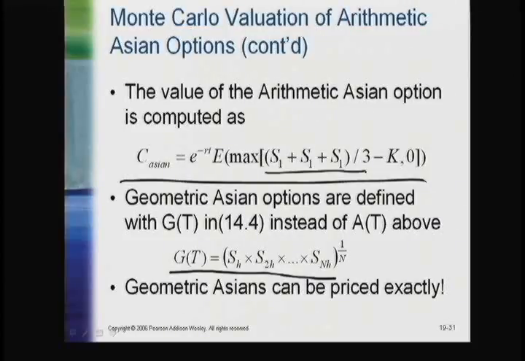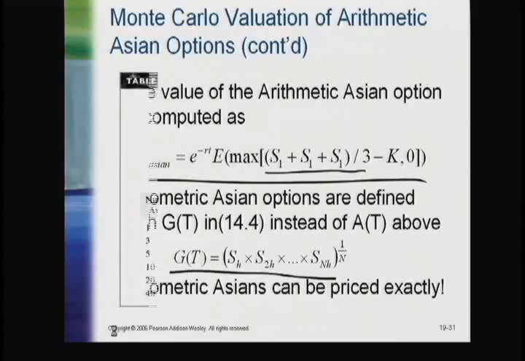So even though it looks like a more complicated exercise function, you can actually write down an exact formula for a geometric Asian option, whereas an arithmetic Asian requires numerical simulation. And that's an important observation, as we will see.